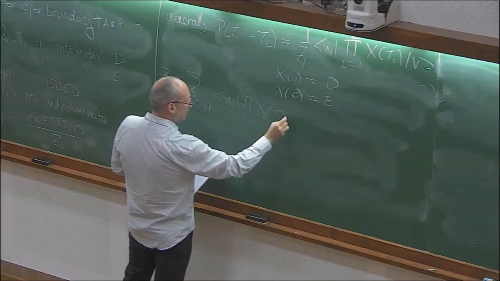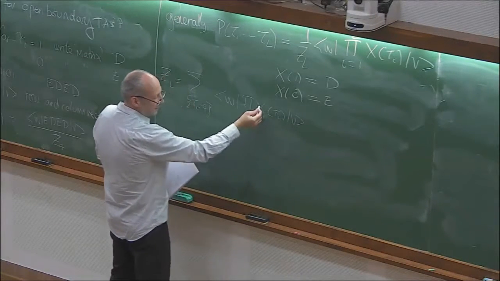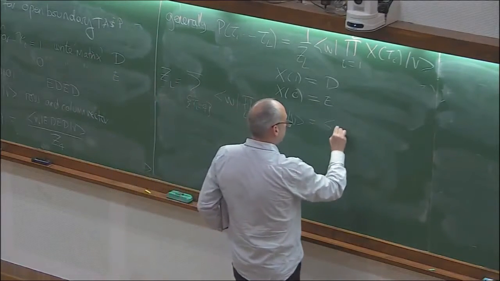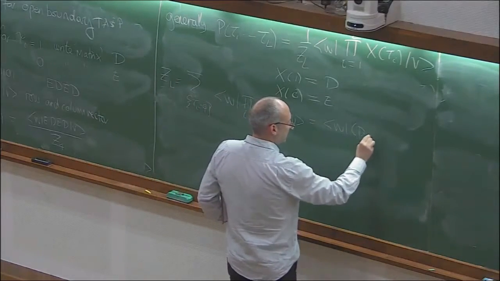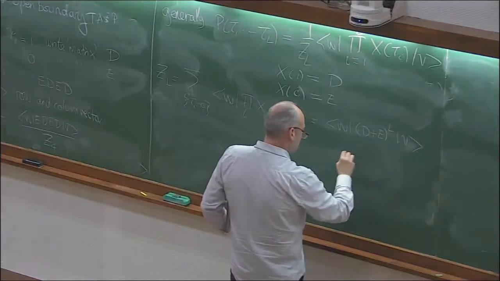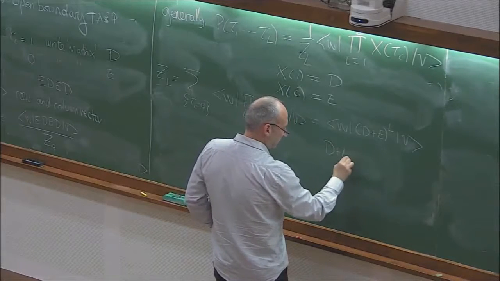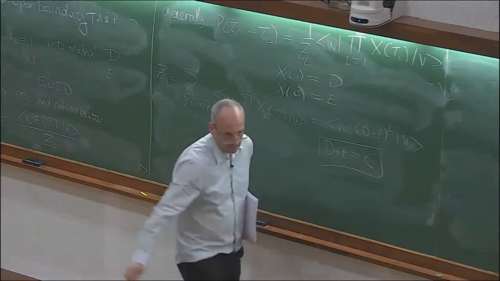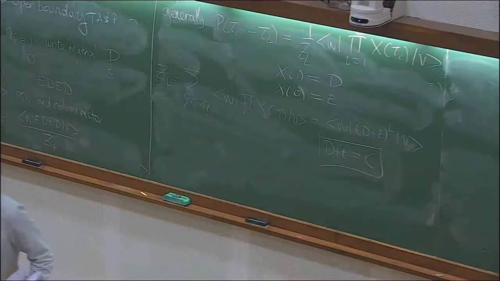If I just do that, I get a D plus E for each site. And this will be W, D plus E to the L, B. And I'll call, for convenience, D plus E equals C. So that's the normalization dealt with.